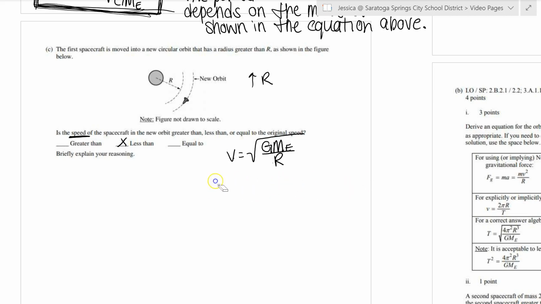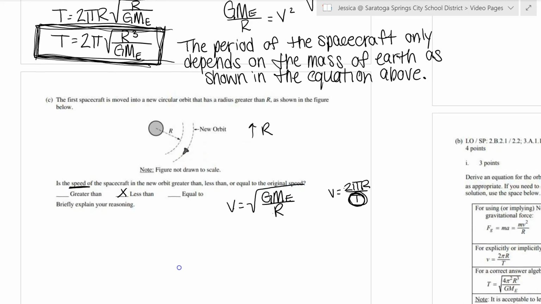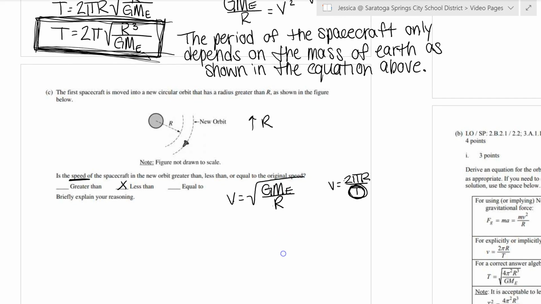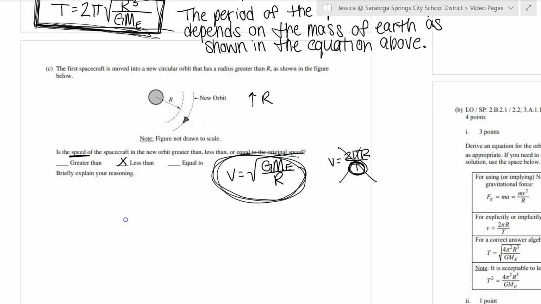You cannot, however, use the equation v equals 2 pi r over t to help with this explanation, because remember, this t function also depends on the period, like we showed right here. So since that's the case, this would not be a good equation to use. You want to see how v directly relates to something that is also not changing with the radius.